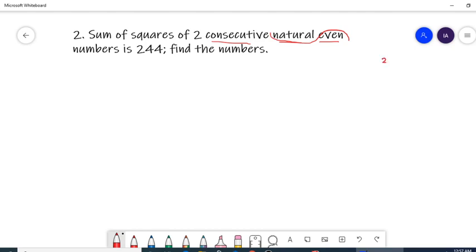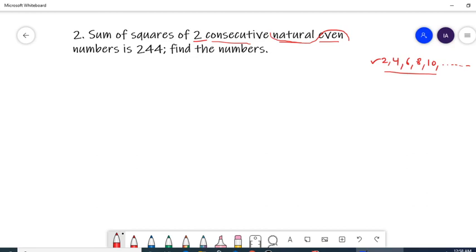They can be 2, 4, 6, 8, 10 and onwards. This set of numbers can be called even natural numbers. Our question talks about two such even natural numbers, and any two of them we need to identify as per the condition given in our question.